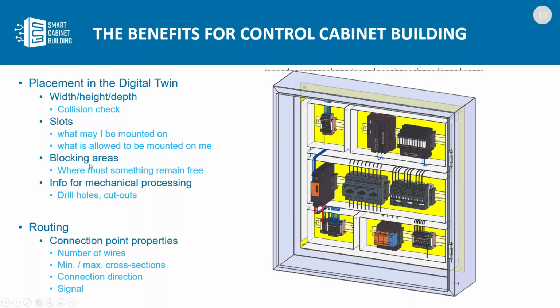Then there is a possibility to have such blocking areas, for example, if you have a heating, you need some space for the heating or something else, you can define that so that no other component is placed too near to such a component.